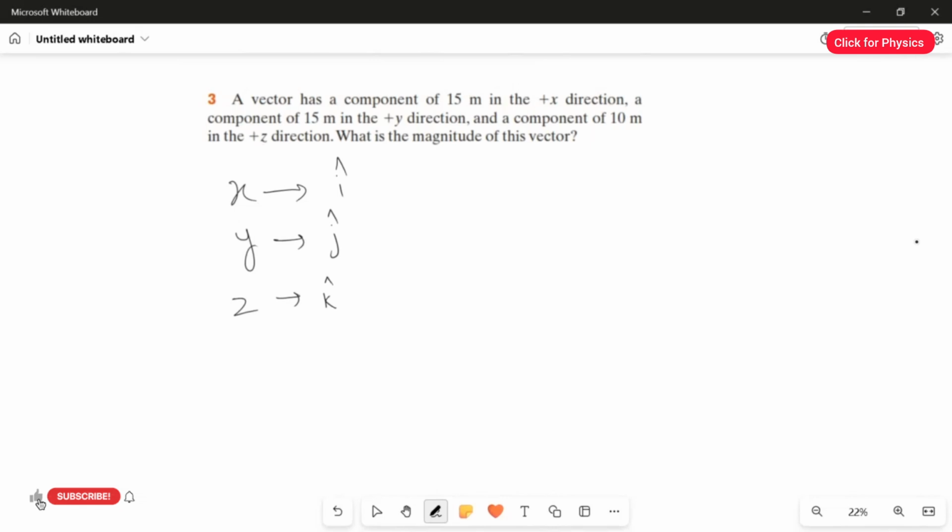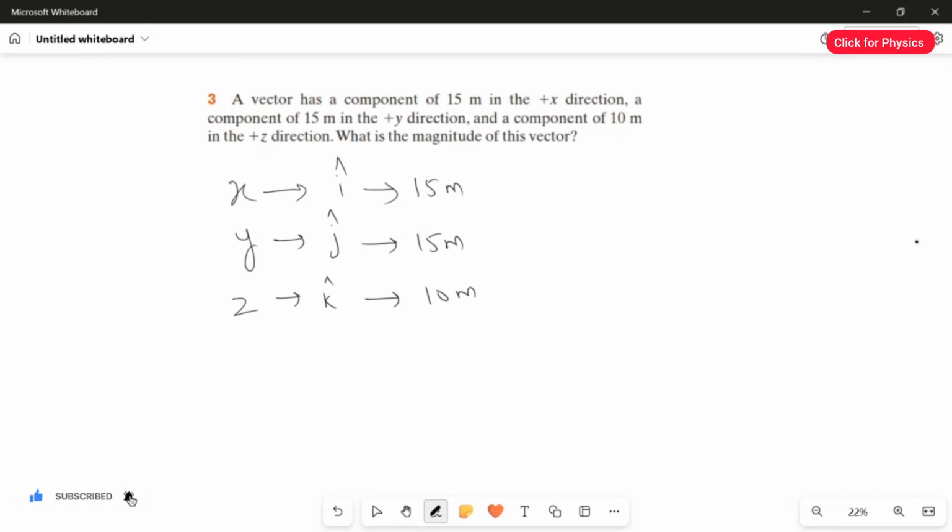These are the unit vector notations for the respective directions. They also clearly mention the components of x, y, and z here. The x direction component is 15 meter, for y it's 15 meter, and for z it's 10 meter.